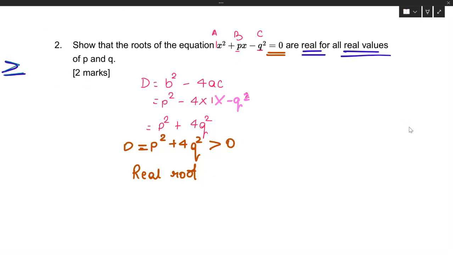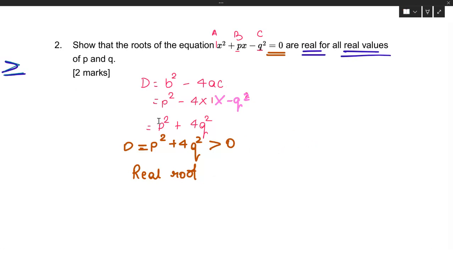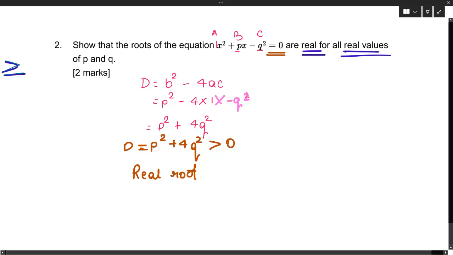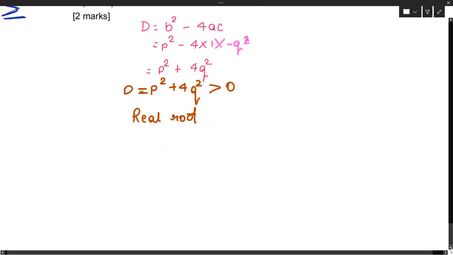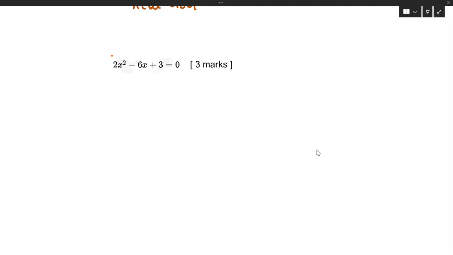Now one more is there, which is for 3 marks. You have to find the nature of the roots for this following quadratic equation if the real roots exist.